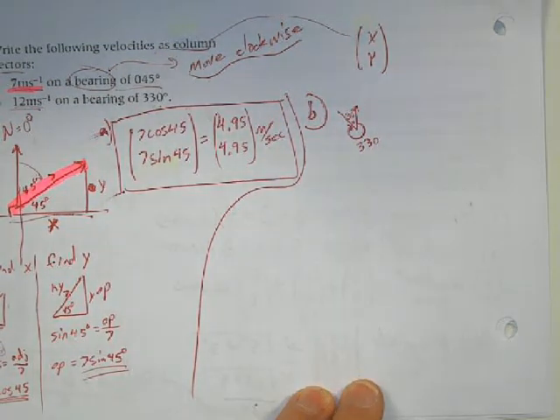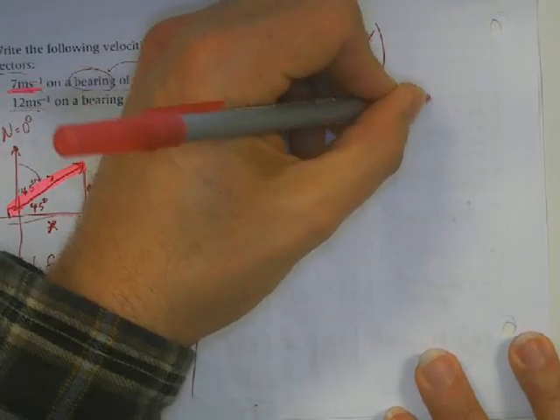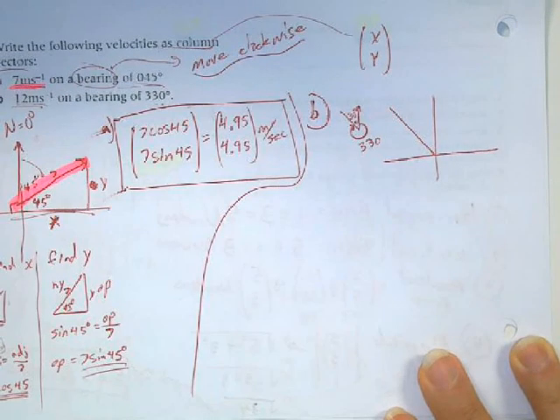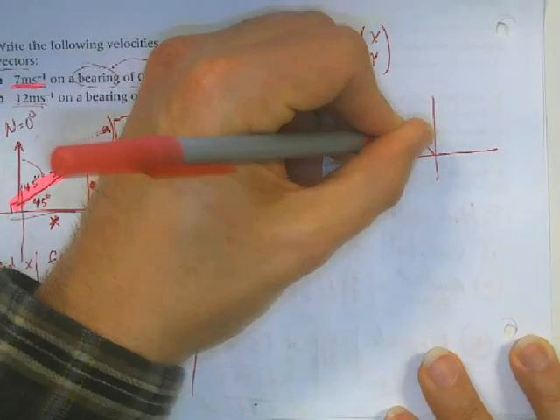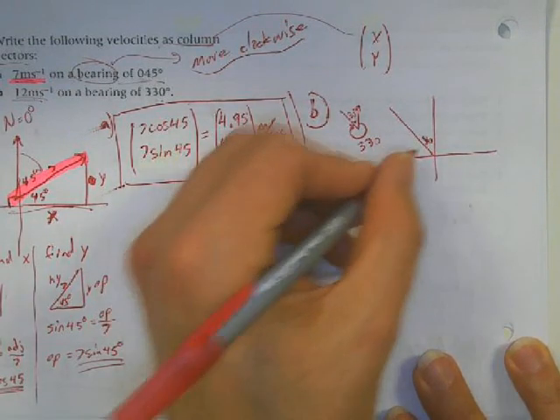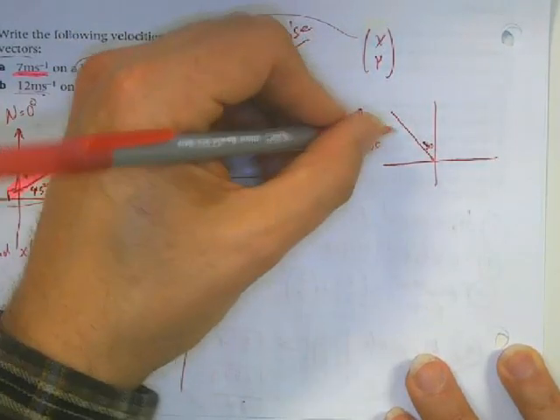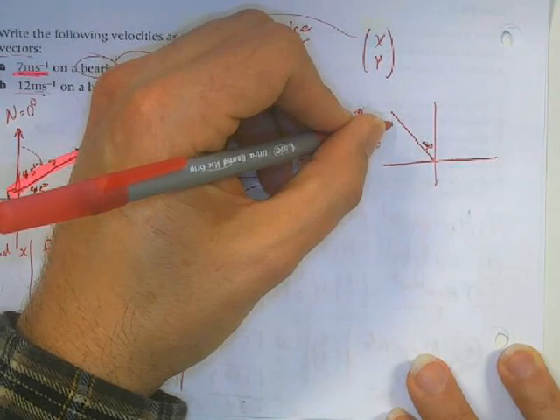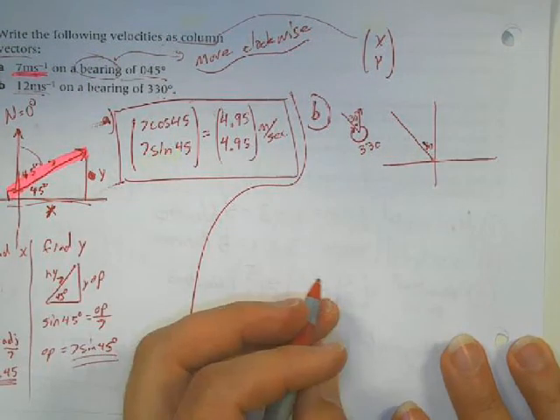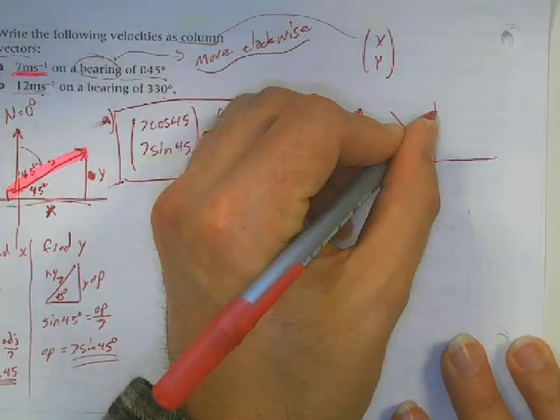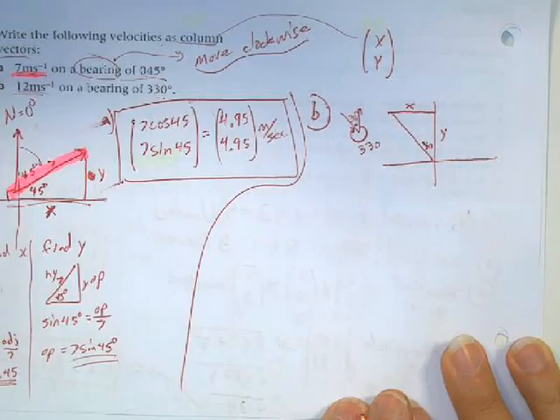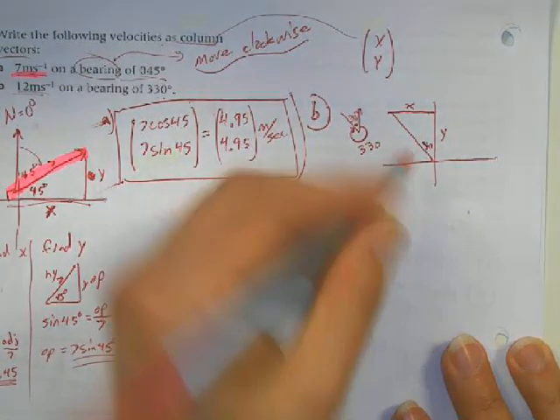Okay. So if I'm using the 30 degrees, this is my x direction, this is my y direction, right? We know the length of this line here is 12.